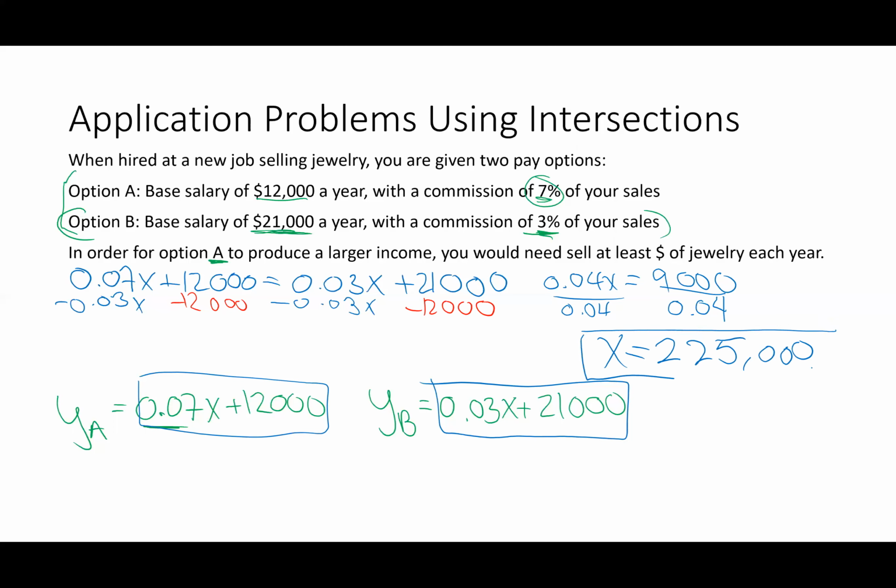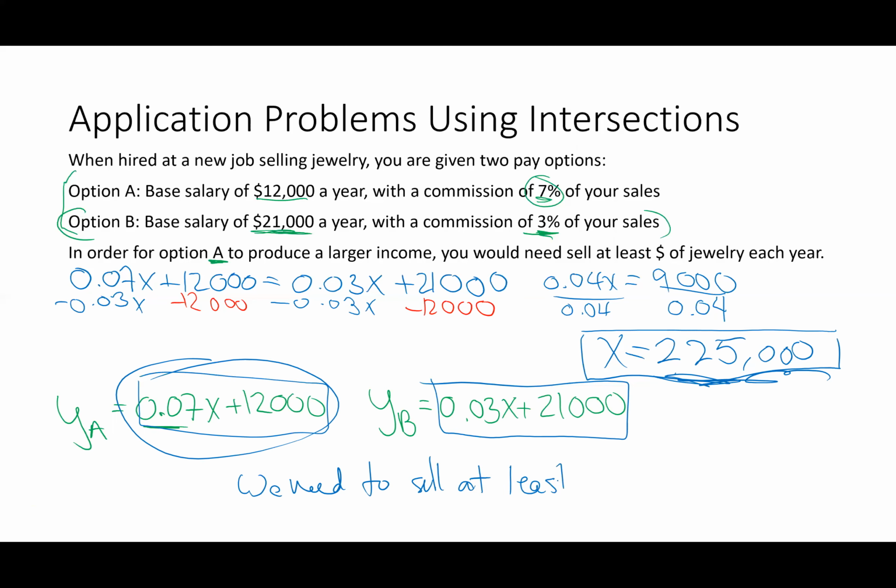So 225,000 is the x value where they intersect. Now what's happening is, for every cent beyond $225,000, option A is yielding a better salary. So we need to sell at least $225,000.